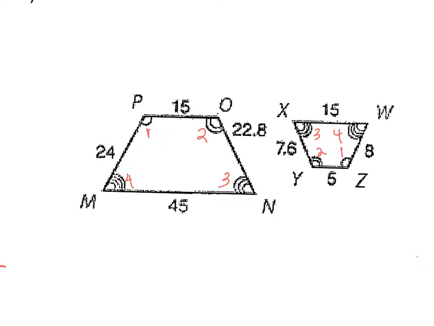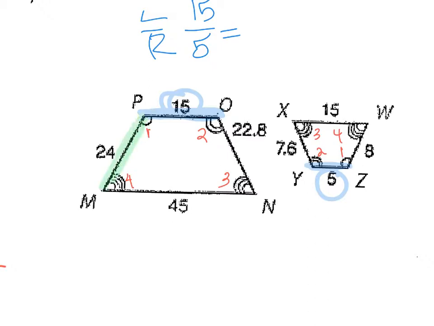So I'm going to start with between angle 1 and 2, this 15. So I'm going to look at my other trapezoid. What's between 1 and 2 over here? 5. So 15 over 5. Go left to right. Then I'm going to pick one more, and I like 24 because it doesn't have a decimal, and that's between angle 1 and 4. So let's look over here between angle 1 and 4, and that's 8.